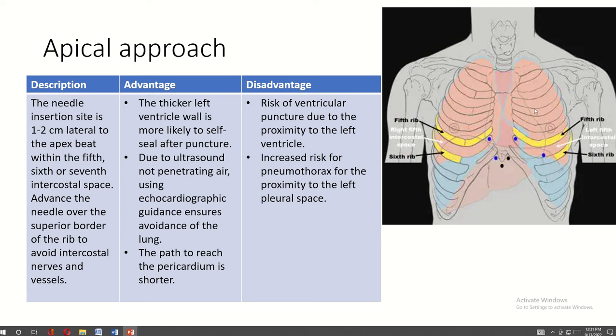And there is a risk because the pleural sac is near to the apex of the heart, so there is a risk of pneumothorax here, and there is also a risk of puncture of the left ventricular wall.